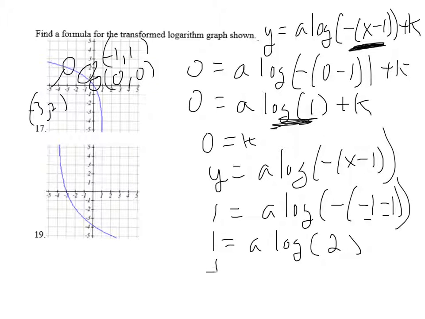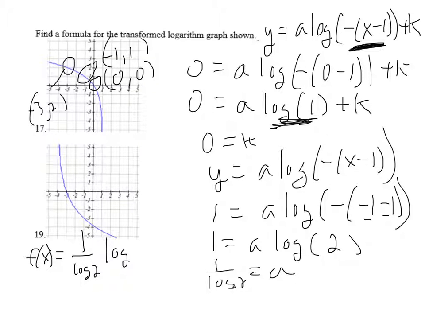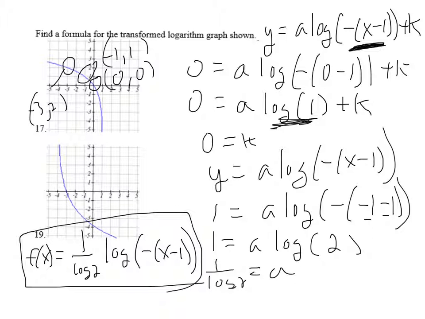So 1 over the log of 2 should be a. So I'm thinking the equation is f of x or y equals 1 over log 2 times the log of negative x minus 1. And remember, k was 0, so we didn't need to include anything. So that's what I think the equation for number 17 is.